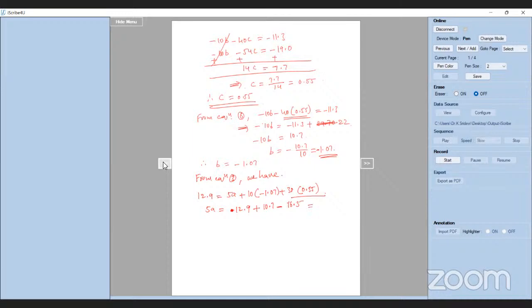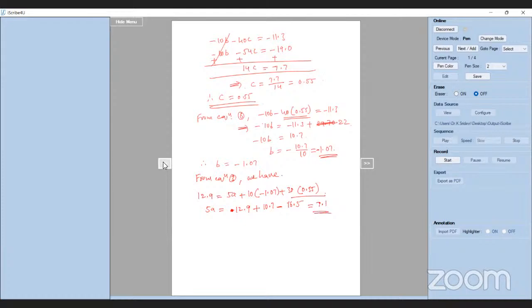Now simplify: 12.9 plus 10.7 minus 16.5 is 7.1.